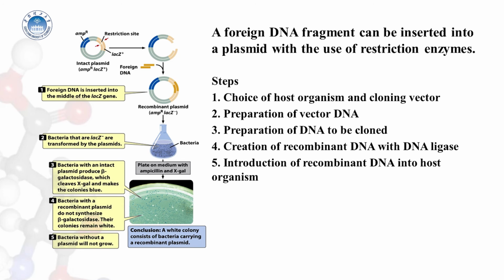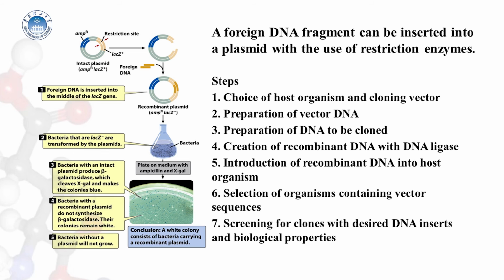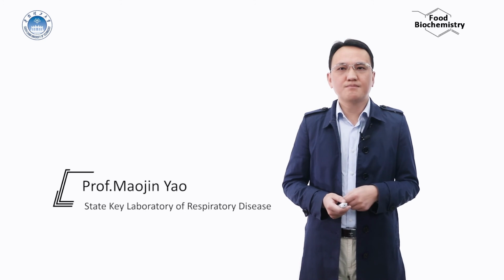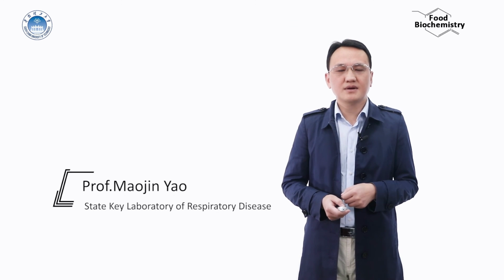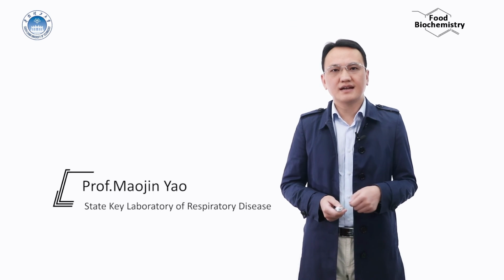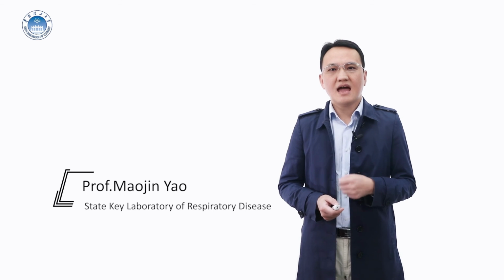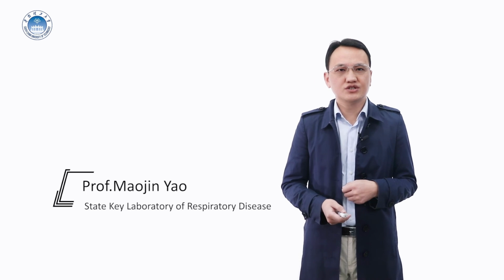After that, we do the selection of the organisms which contain vector sequence, screening for clones with desired DNA insert and biological properties. So the lacZ gene can be used to screen bacteria containing recombinant plasmid, which is a special plasmid carrying a copy of the lacZ gene and ampicillin-resistance gene.